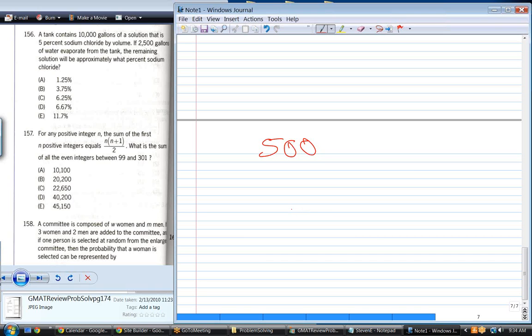So now what's the percent of the final thing going to be? The remaining solution will be what percent? It's going to be 500 over 10,000 minus 2,500. That equals part over whole, so that's what gives you a percentage, right? So what percent is 500 of 7,500? Cross those zeros out. You can divide top and bottom by 5.